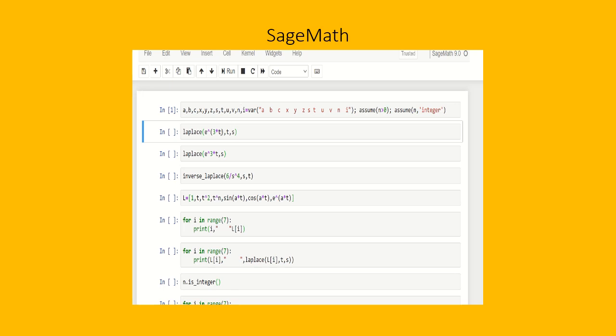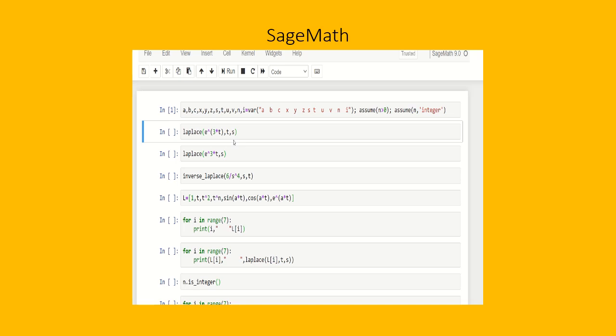And now let's find the Laplace transform of e to the 3 times t. This is a function of t, and we want our Laplace transform of it to be written as a function of s.